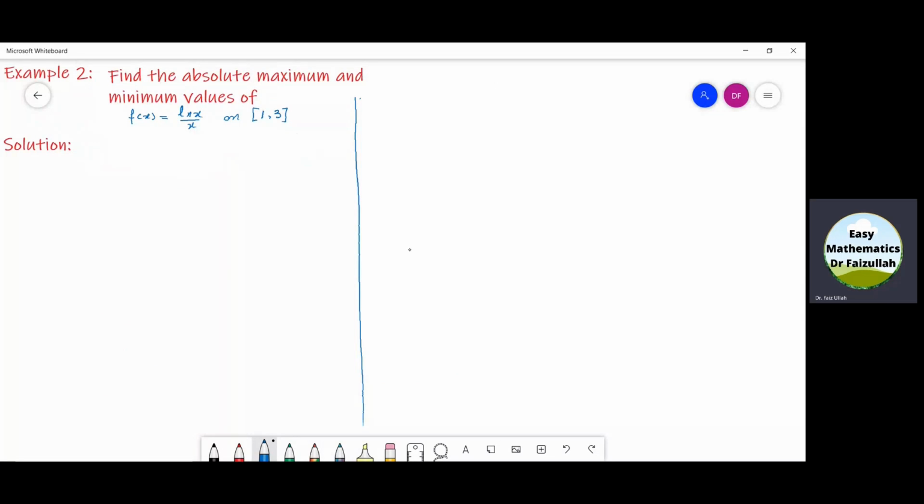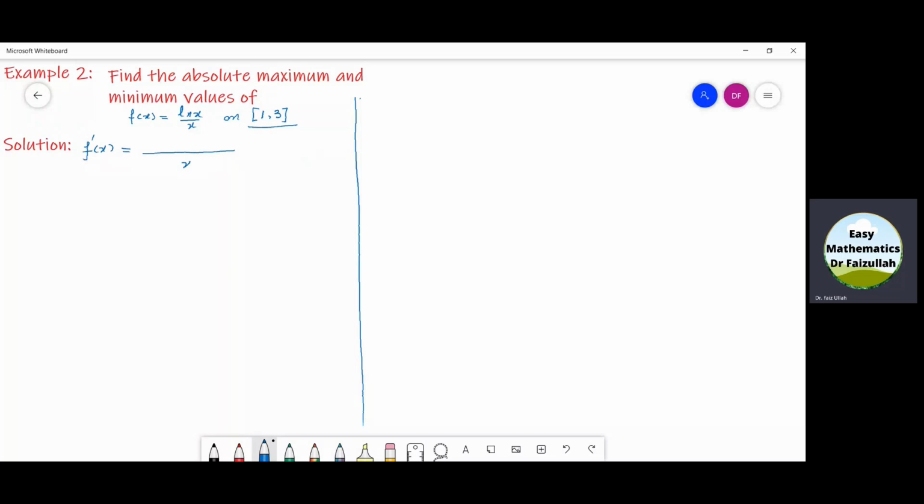In example 2, we are given f of x is equal to log x over x, and we have to find its maximum and minimum values on the closed interval 1, 3. So let us differentiate this function. F dash of x is equal to, we use the quotient rule.